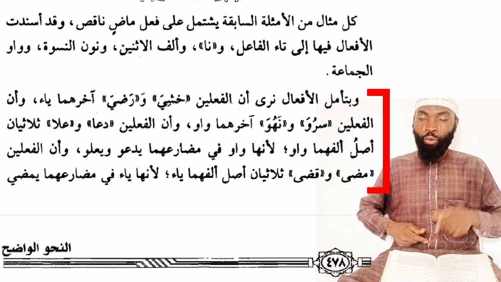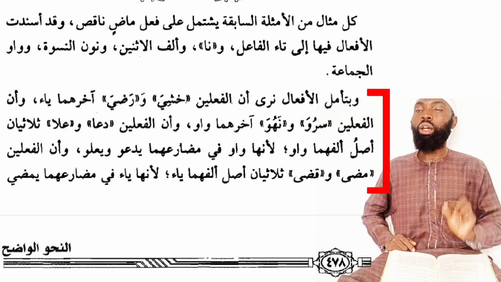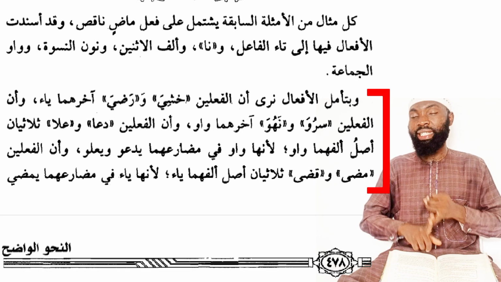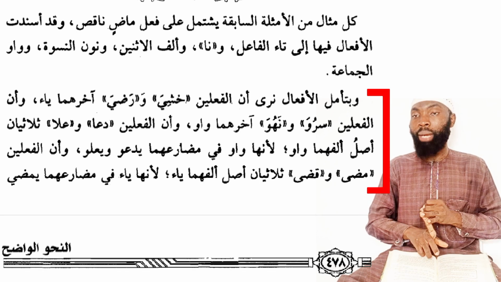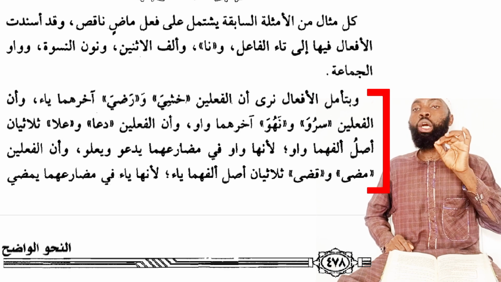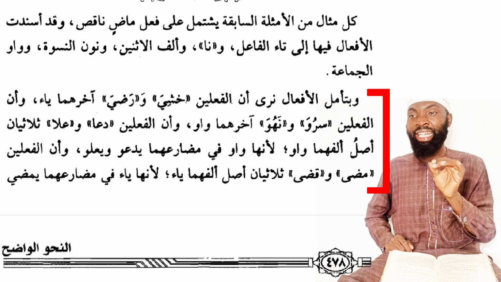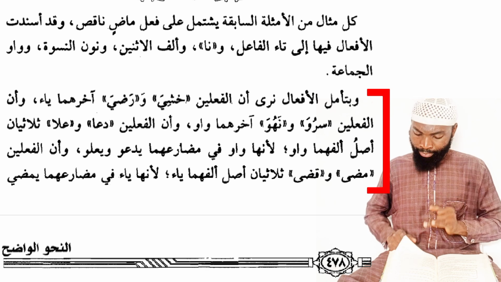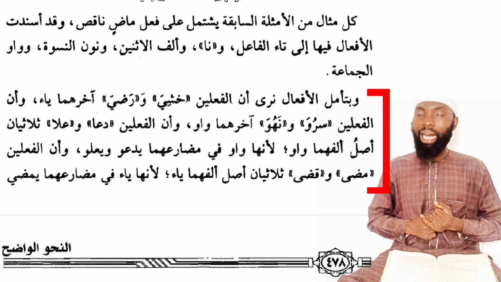Now moving on, we have the two verbs مَضَى and قَضَى in example 4. They are also originally three-letter verbs.